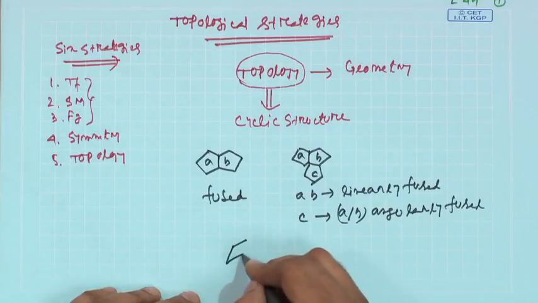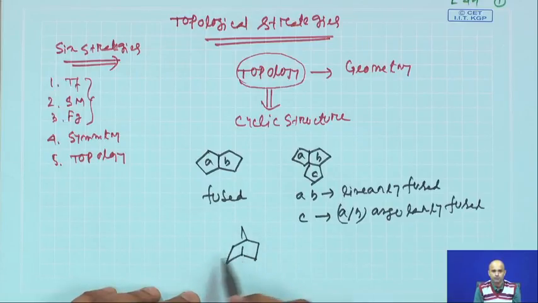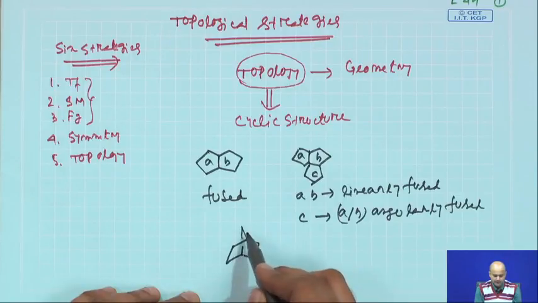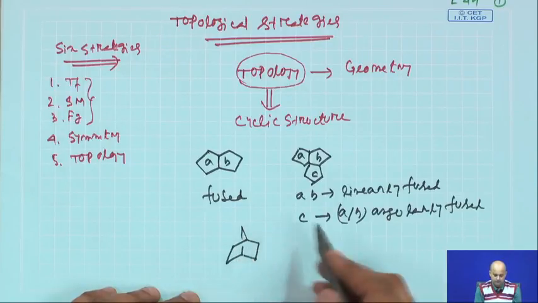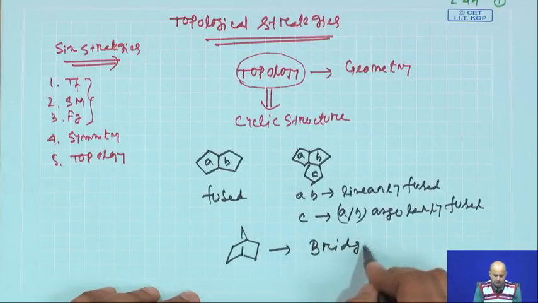Another unified topology is the bridge structure. A bridge structure has a unique topology, because you have a core cyclohexane ring and then on top of that you have a bridge. This bridge structure gives you very unique topological features.